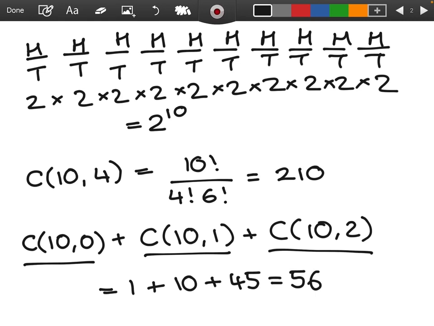The last part of the problem looks at how many outcomes have at least 3 heads. A couple ways that you can do this. You can either look at the outcomes where you have 3 heads, 4 heads, 5 heads, 6 heads, 7 heads, 8 heads, 9 heads, and 10 heads.